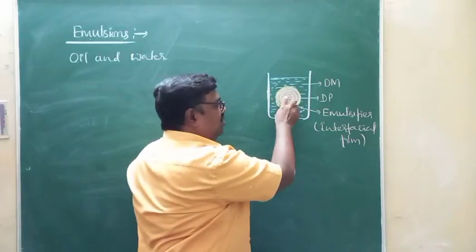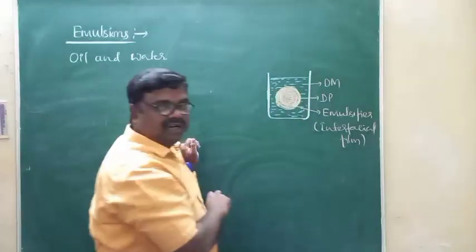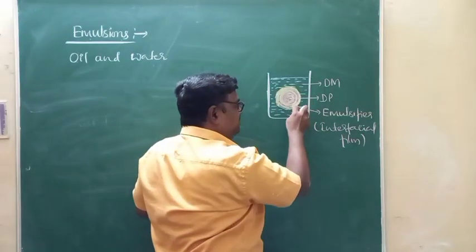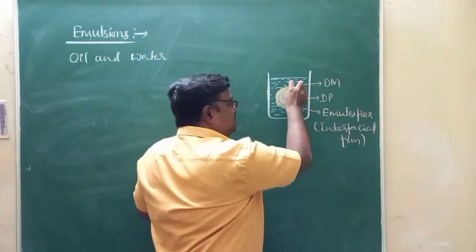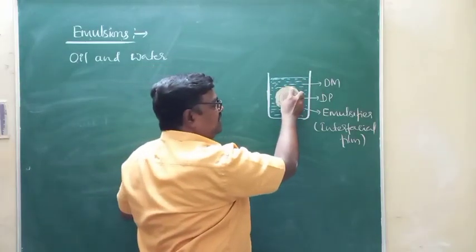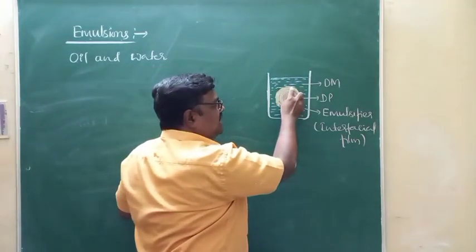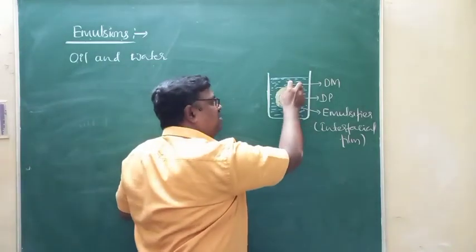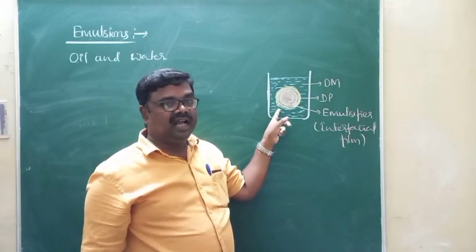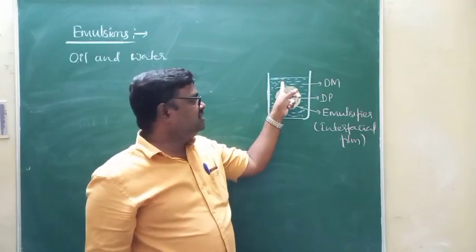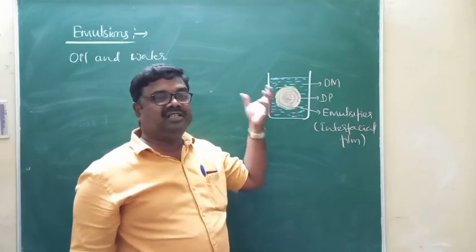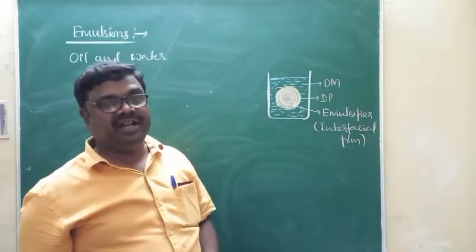No doubt, oil doesn't interact with water, but in the presence of an emulsifier, it forms an interfacial film between the dispersion medium and the dispersive phase. This emulsifier can easily interact with the dispersion medium as well as the dispersive phase. Thereby, dispersive phase particles remain suspended in the dispersion medium.